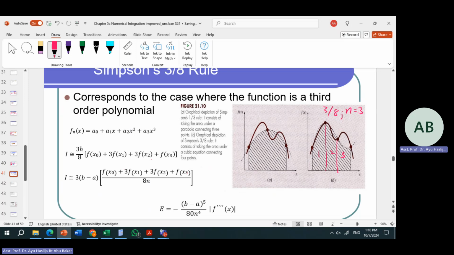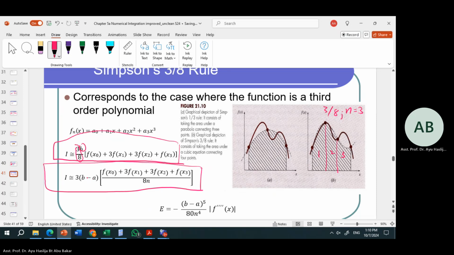Okay, then the equation changes to this. Now you have 3/8. Same, this one uses the h directly. This one expands to b minus a over n. Both are the same. It uses 3/8. In 1/3 just now, it used h over 3.